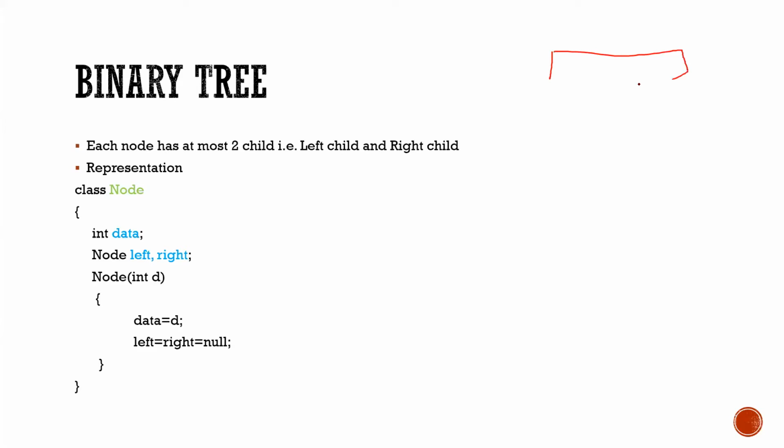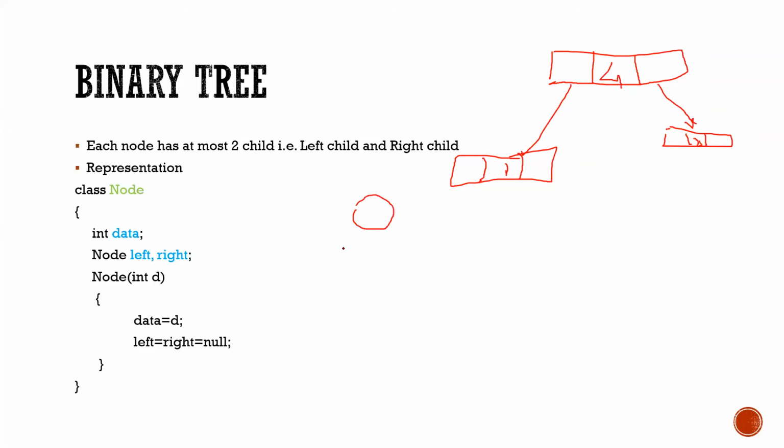Consider this doubly linked list, right? Everybody knows what a doubly linked list is? So it will be much easier for you guys to learn this. Consider this as a root node. It is the same like this.